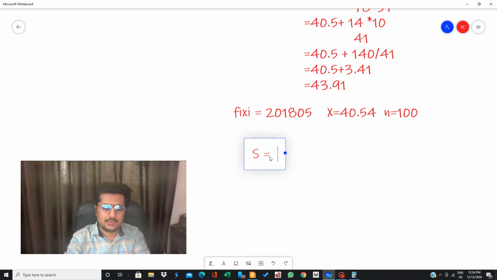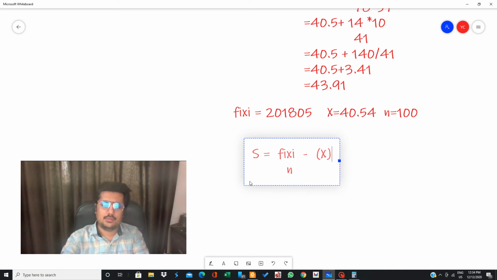So my standard deviation is the square root of sigma fxi square upon n minus x bar whole square.